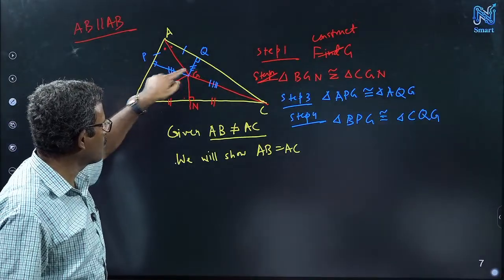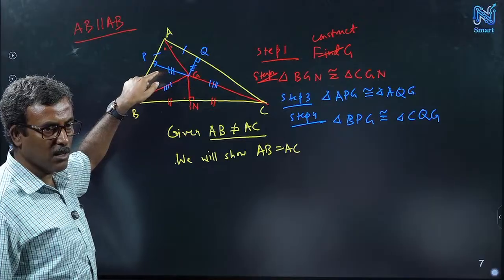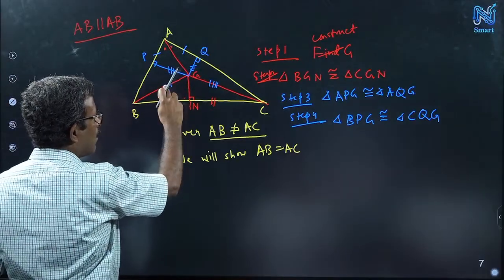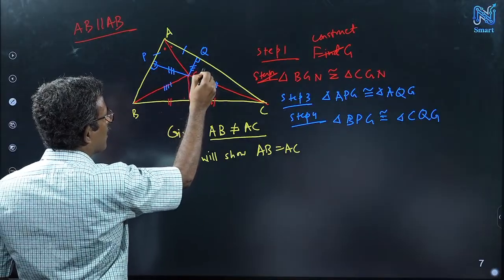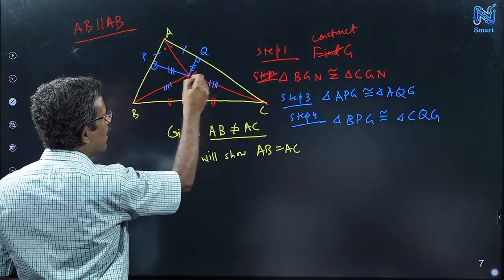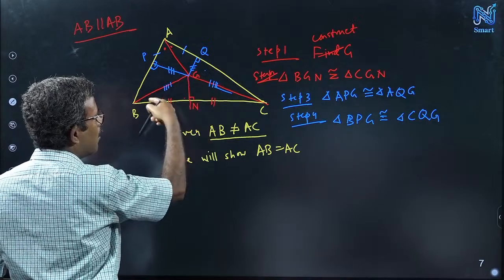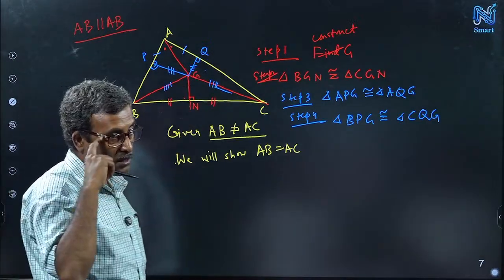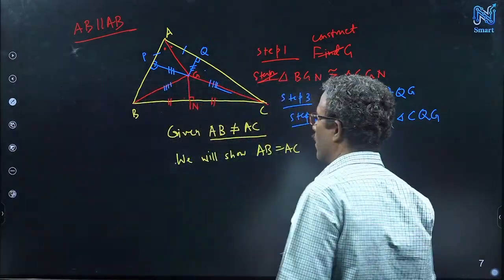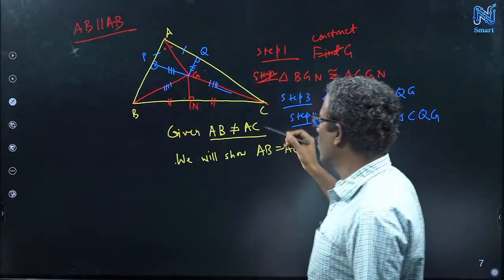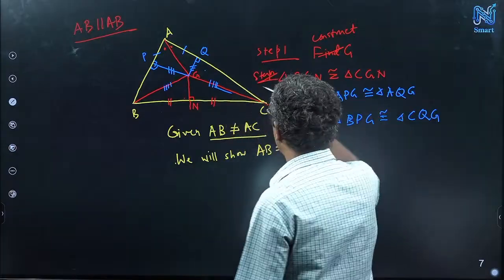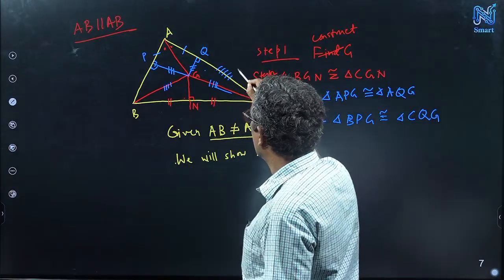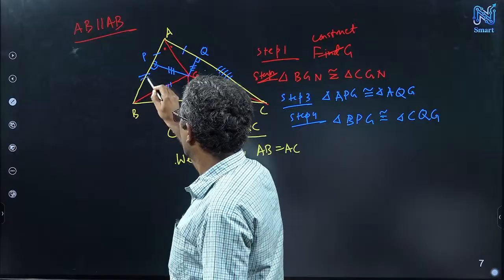Now for these two triangles, RHS, right? Corresponding two sides are equal and two angles are 90 degrees. Both are right angle triangles, the hypotenuse is equal and one side is equal. Using RHS these are congruent, right? Now since these are congruent, we already have this side same as this side.